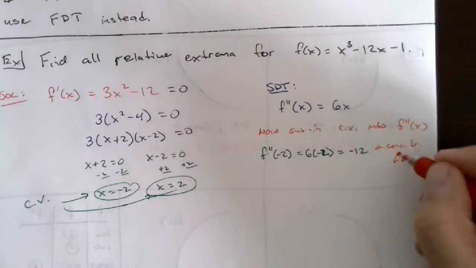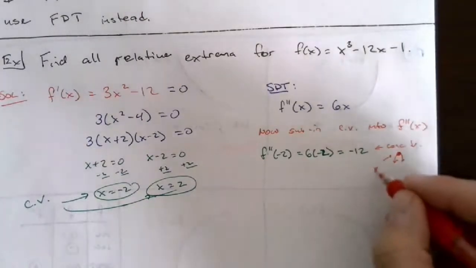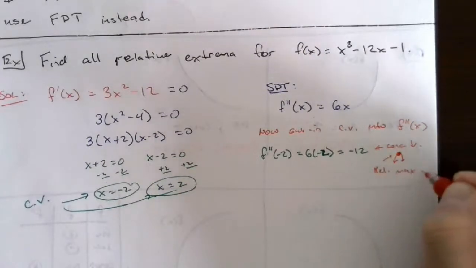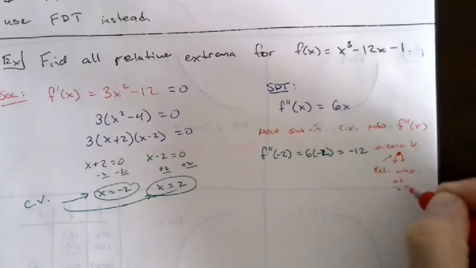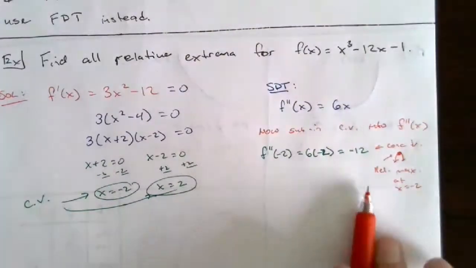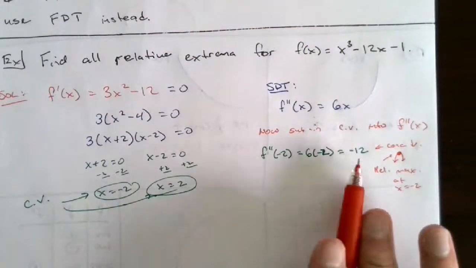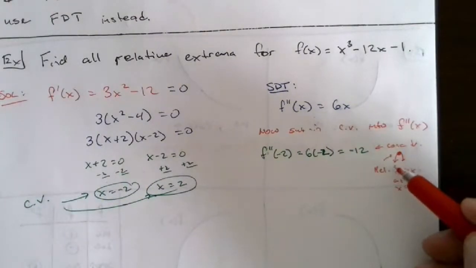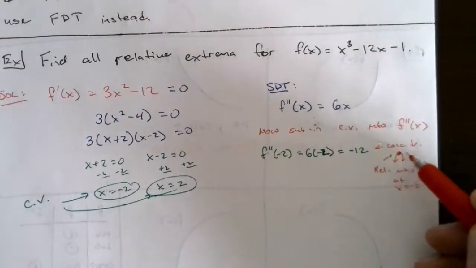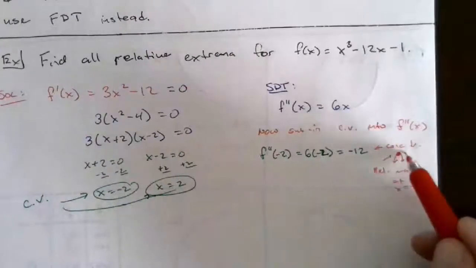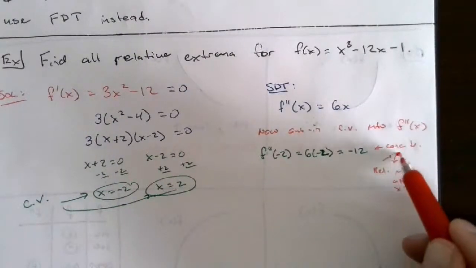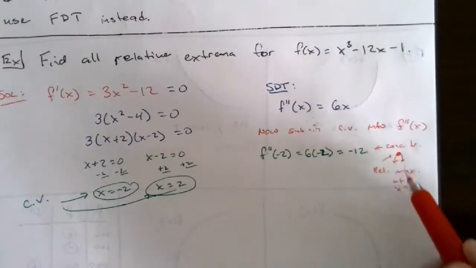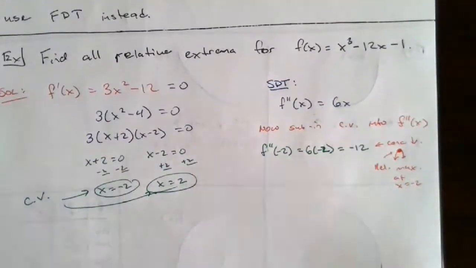So concave down shows you that this is going to be a relative max at x equals -2. Because the second derivative was negative, we knew it was concave down. When we know it's concave down, it means it's going up and coming down because it has to be flat there. That's where f prime equals 0, so the slope is 0 here. This is concave down because it's negative, so you have a max.